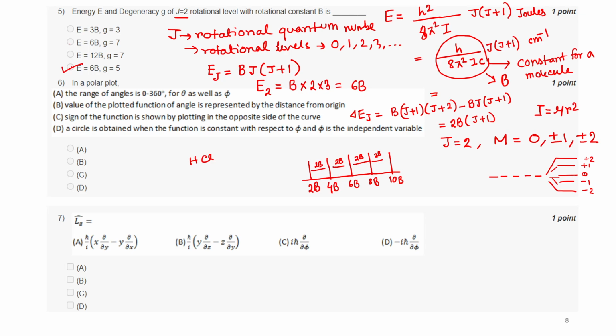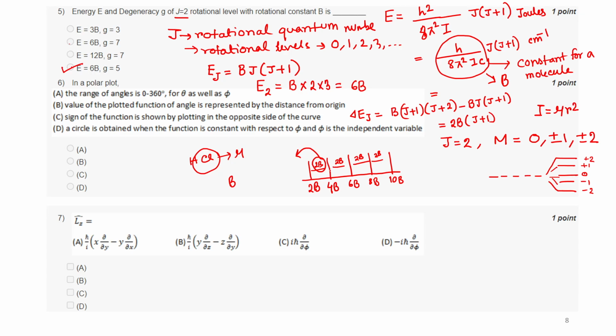So you know you have HCl, so you know what is your mu, right? So you can get what is B, because you know the Planck constant, you know 8 pi square, c. The only unknown is the bond length. You are getting 2B from the spectra.